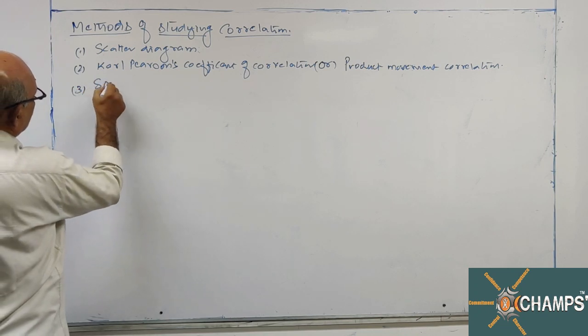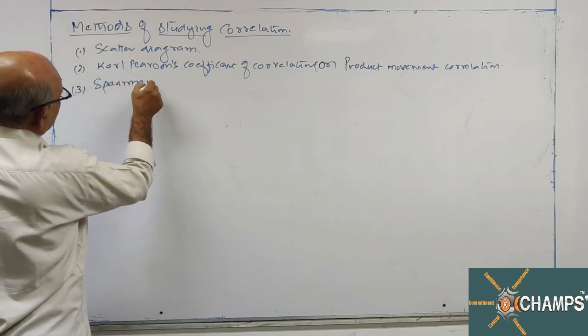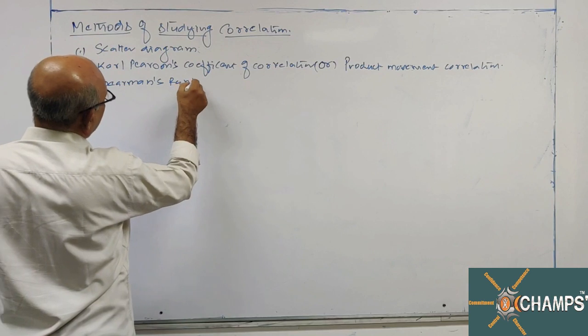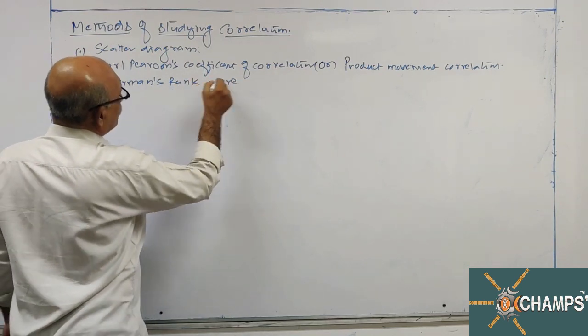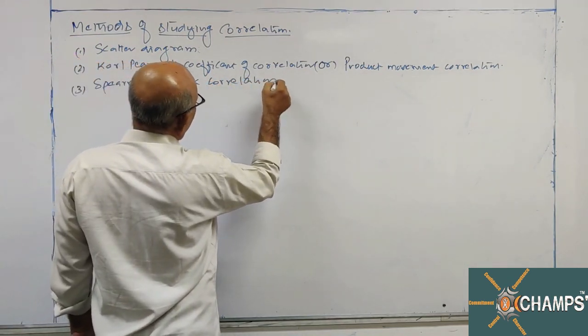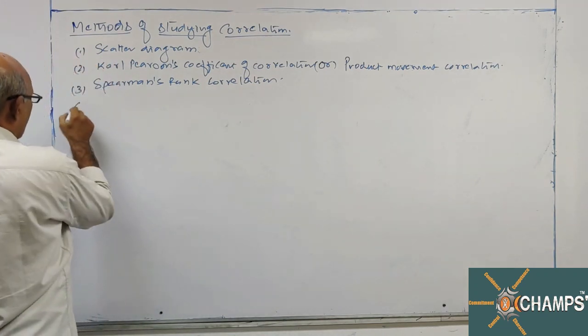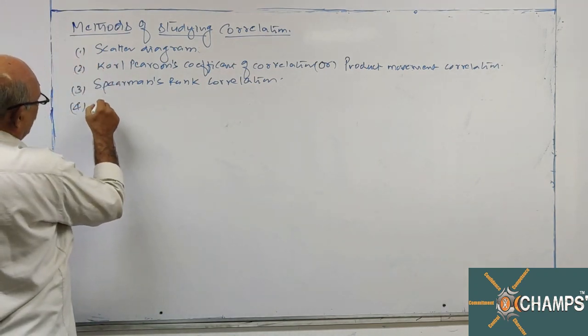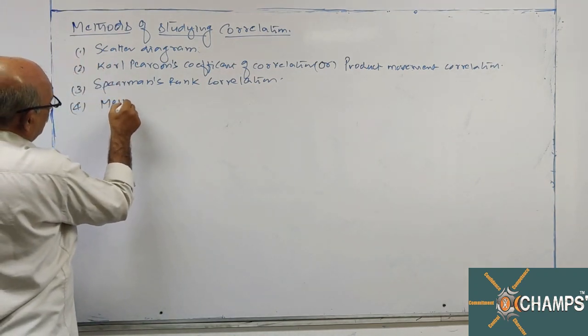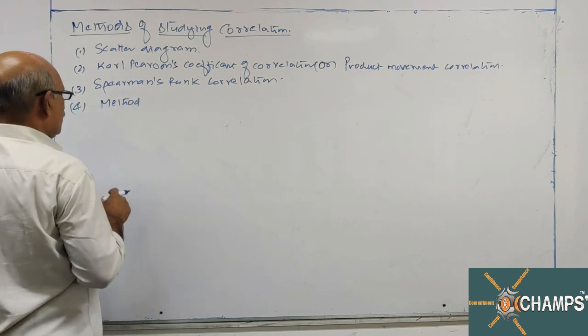Third one is Spearman's rank correlation. Fourth one is method of concurrent deviations.